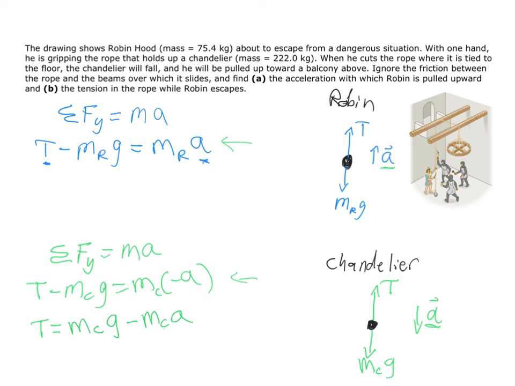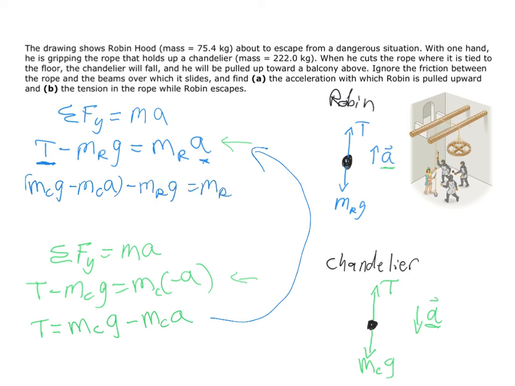And now we can take that and plug it in up here to Robin's equation, since T equals T, replacing T with mass of the chandelier times gravity minus the mass of the chandelier times A, that's all just T, minus the mass of Robin times gravity equals the mass of Robin times A. So you're using the same idea, the same process, applying it to two objects and substituting them together to solve.